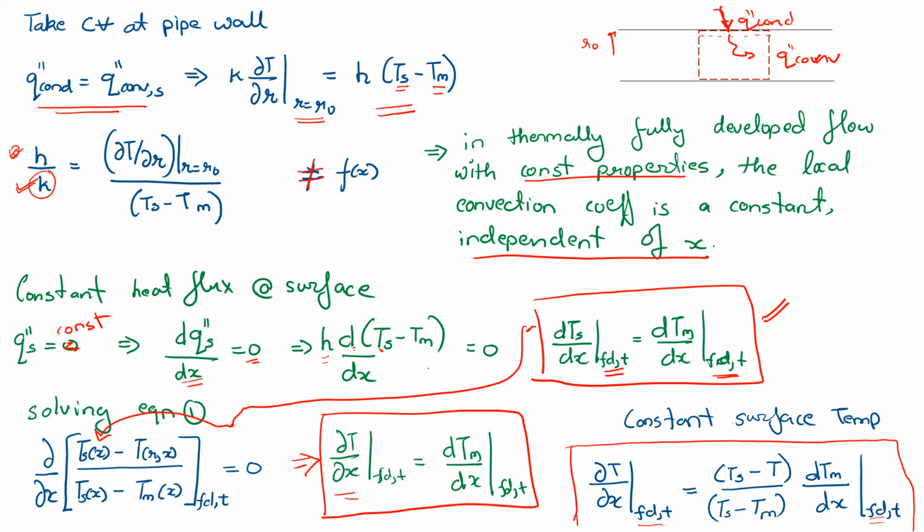So we will use these relations to derive the temperature profiles, or the temperature distribution, but I just did this exercise so that you understand how our temperature gradients will be different if you have different conditions at the surface, and how it's important to identify what the surface of the pipe is before you start your analysis.